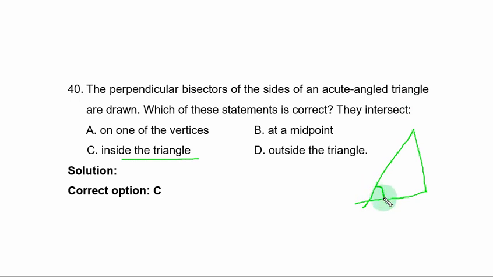This angle is less than 90 and this angle is less than 90. So if you bisect this angle and you bisect this angle, they are meeting at the center inside the triangle. So C is the correct option.